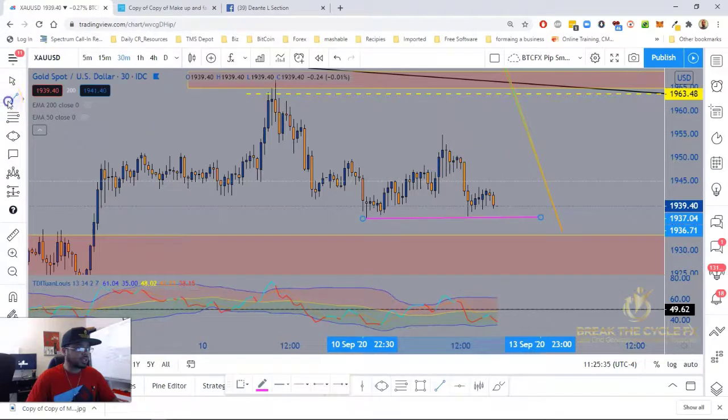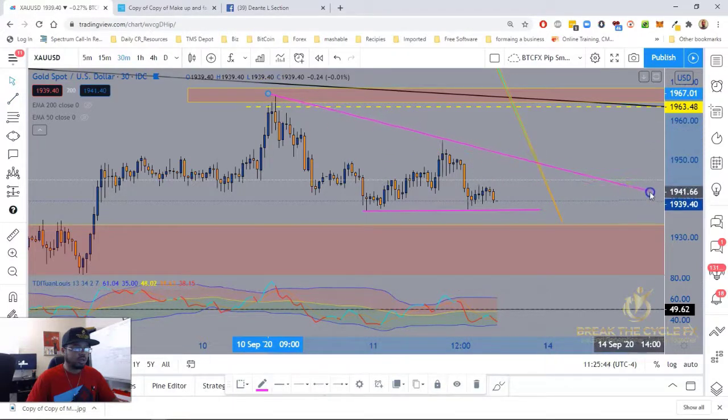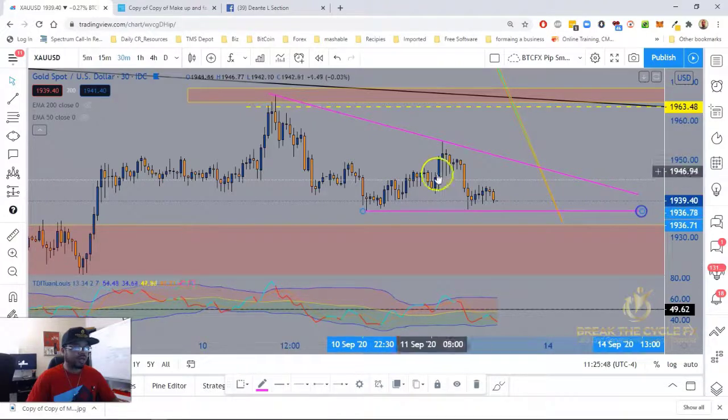Could drop. Where's my trend line doing? Boom. Right? Something as simple as that. You know, that's kind of big. It's kind of a big area, but it works, right? At the bottom, take your buys, wait for the breakout.